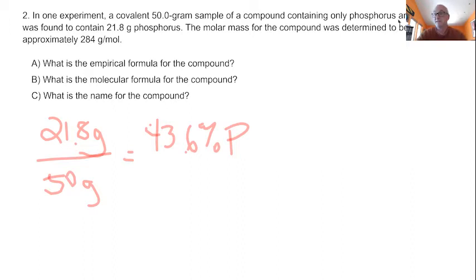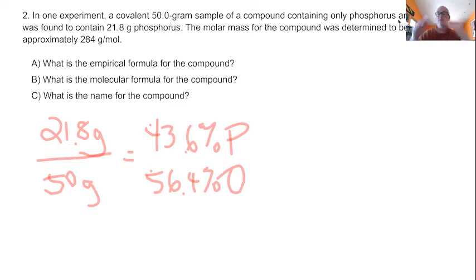Oxygen. Rest has got to be oxygen, right? That makes sense. So oxygen has to be 56.4%. All right, so we've got this far. So what do we do next? Do we find the moles?